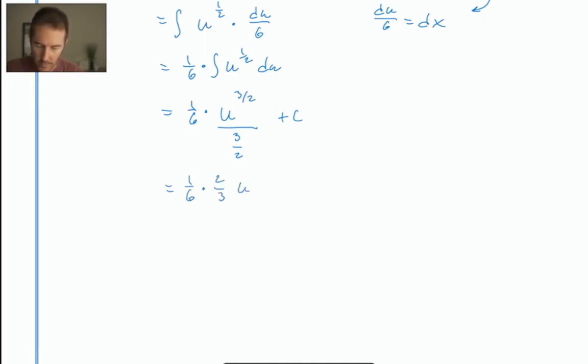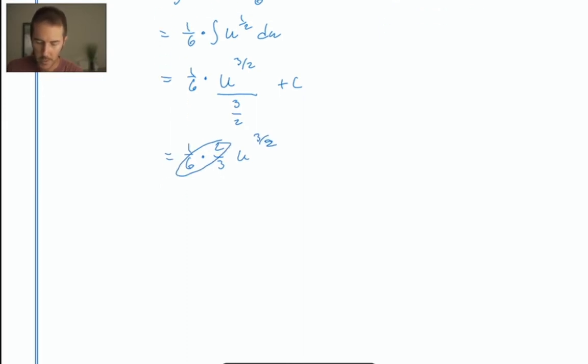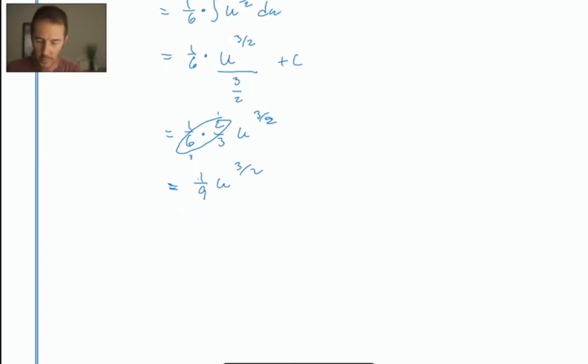I still have my multiple of u to the 3/2. We can reduce. 2 over 6 becomes a 1 over 3. Equals. And multiplying those fractions together gives me a 1 over 9 u to the 3/2. And now finally we can back substitute. Oh, I forgot my plus c. It's embarrassing.